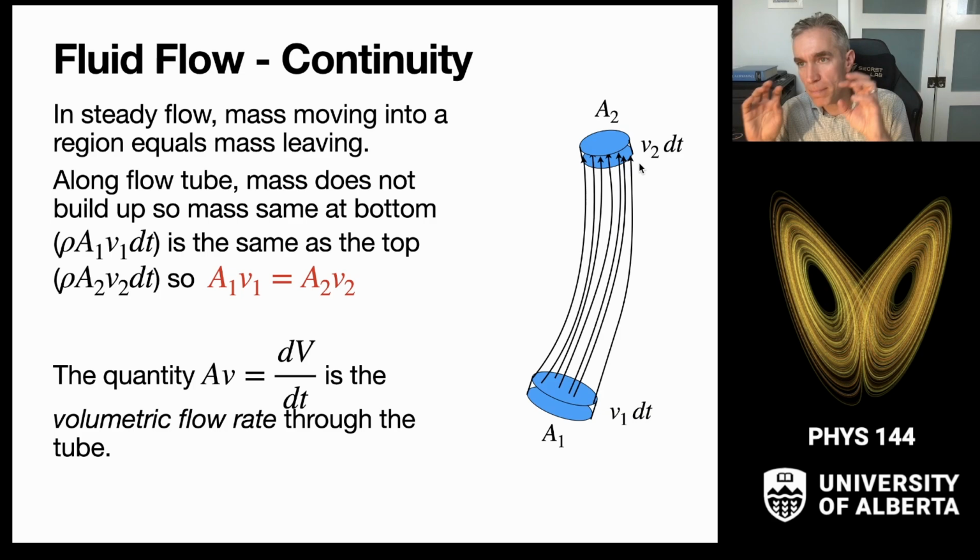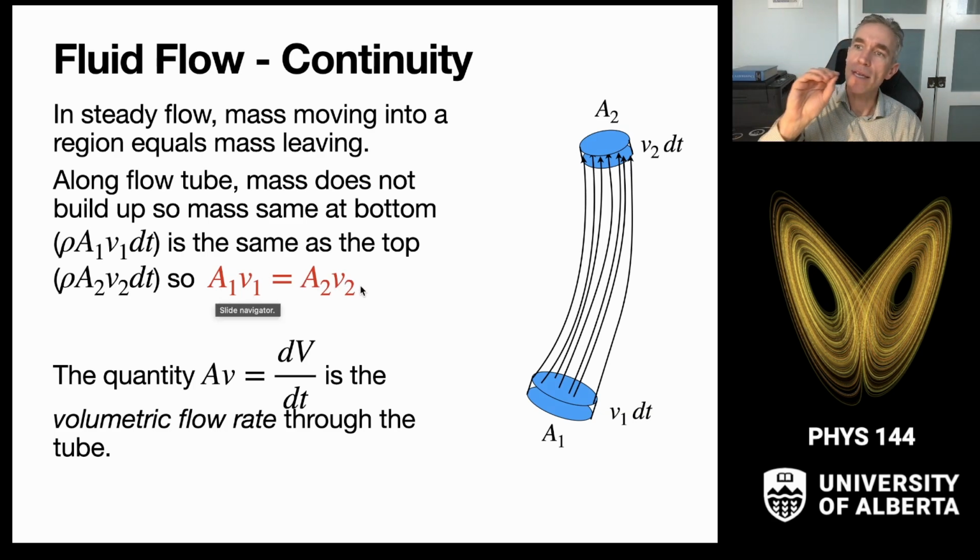And because those masses have to be equal inside those little volumes, then we have the relationship that A1 times V1 is equal to A2 times V2. So if the fluid tube is moving faster, its area has to shrink down here. This quantity, A times V, is called the volumetric flow rate through the tube.